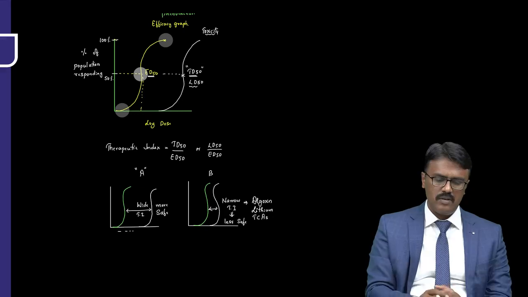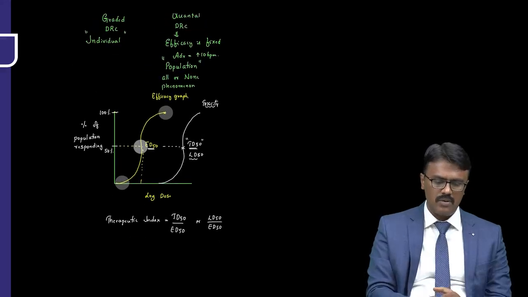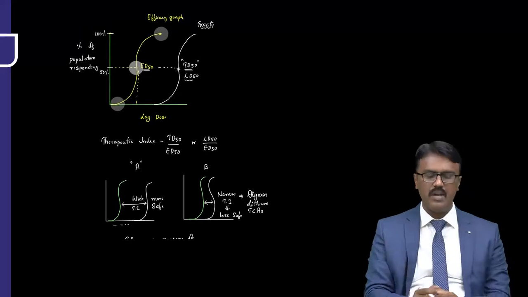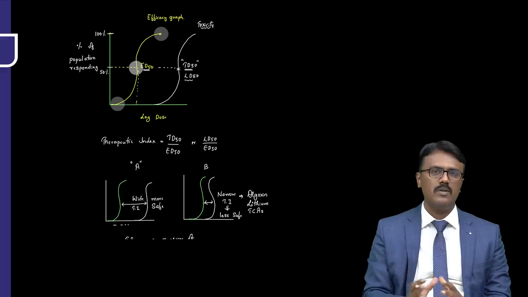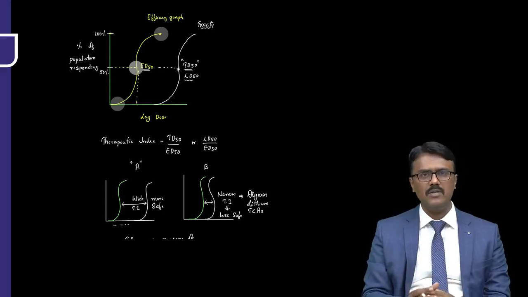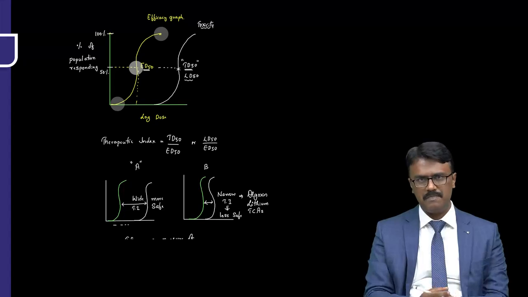So that is about the quantal dose response curve, and we utilize it in determining therapeutic index. So guys, this is the dose response curve, and this is what you need to understand in this video. So let me repeat. We discussed in this video mainly what is agonist, partial agonist, antagonist, and inverse agonist. We drew the graph for that. Then we understood what is the dose response curve, what is efficacy, what is potency, what is the slope of the curve.